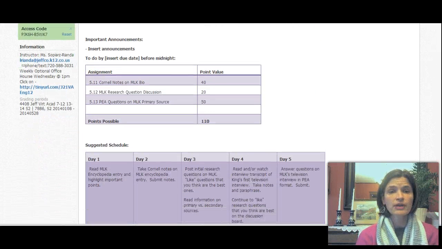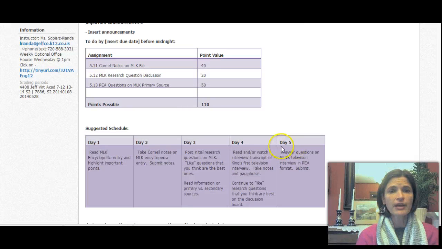So down here you can see the assignments that are due, along with the point value, along with our suggested schedule for the week. Like I mentioned in the introduction video, I highly recommend that you use this schedule. Please don't save this to the last minute because it will be a lot of work for you.